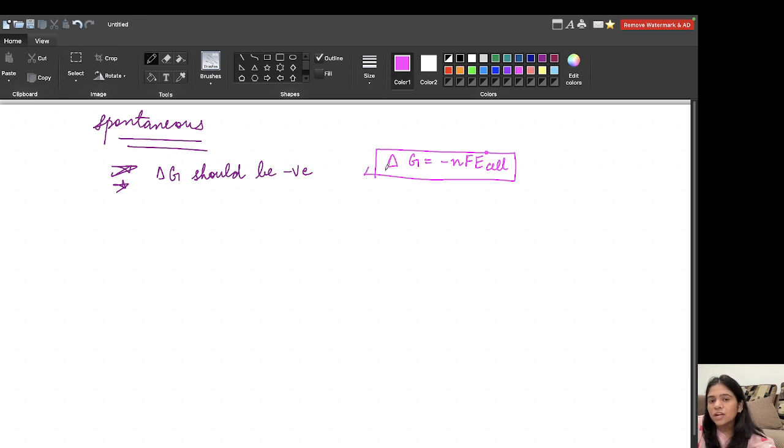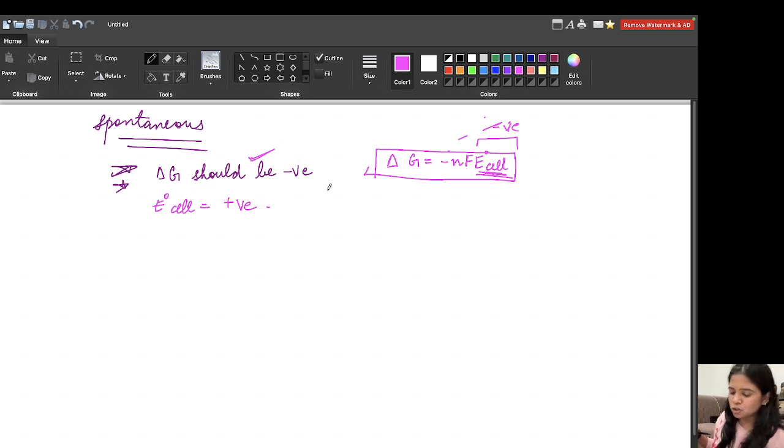So whenever delta G is negative, the cell is feasible or spontaneous. Or you can also say it like this: when E naught of the cell is positive, then your cell is spontaneous. Because if E naught of cell is negative, then the negative will become positive and delta G will also become positive. So delta G should be negative and E naught of cell should be positive, then only your cell will be spontaneous.